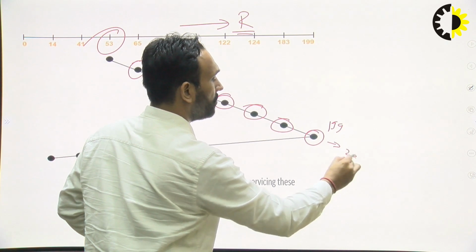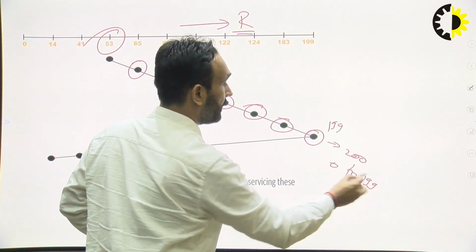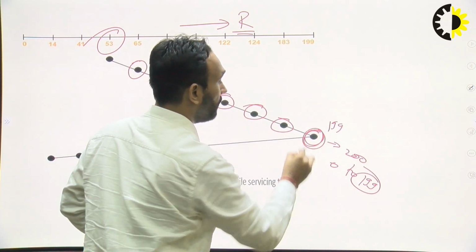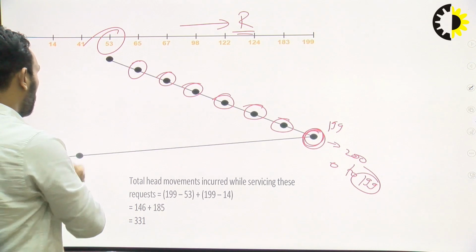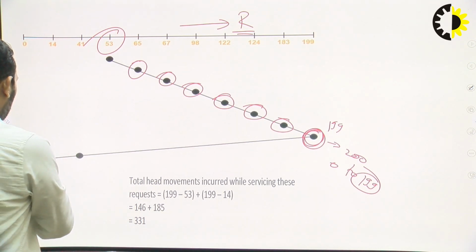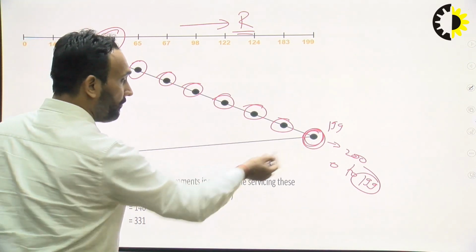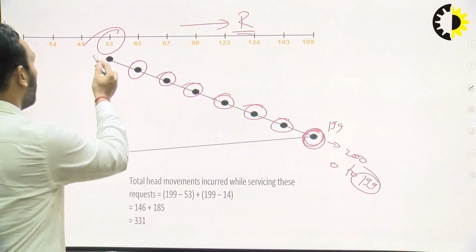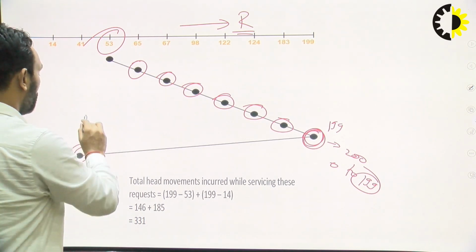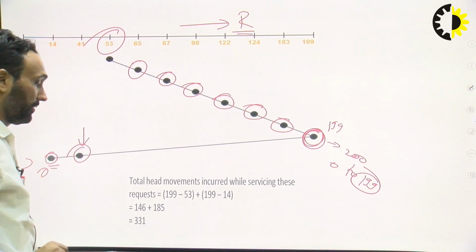Actually it is 200, as we count from 0 to 199. So it will go to 199 and then go to the other side endpoint, that is 0. In between, if any head location is left on the other side, like 41, it will be covered and it will go to the last head location.